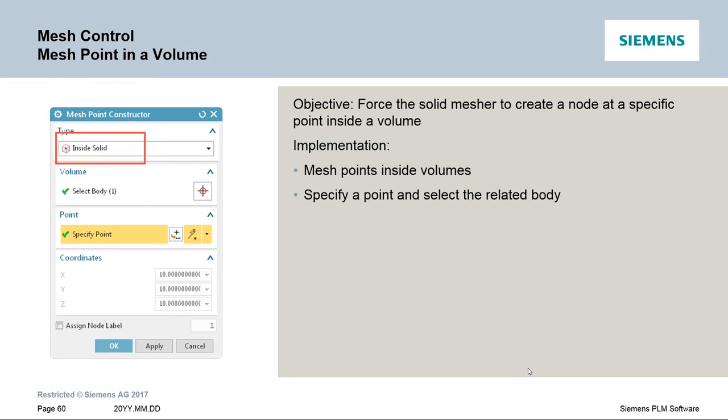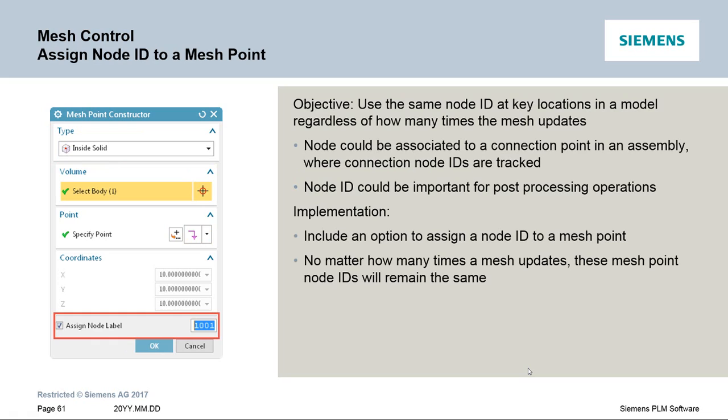We also have the ability to put a mesh control at a point inside the volume as opposed to just a volume definition for a mesh control. And you can also assign a node label to a mesh point when you create one now, to drive a specific node label, to always survive CAD updates and always have that label.